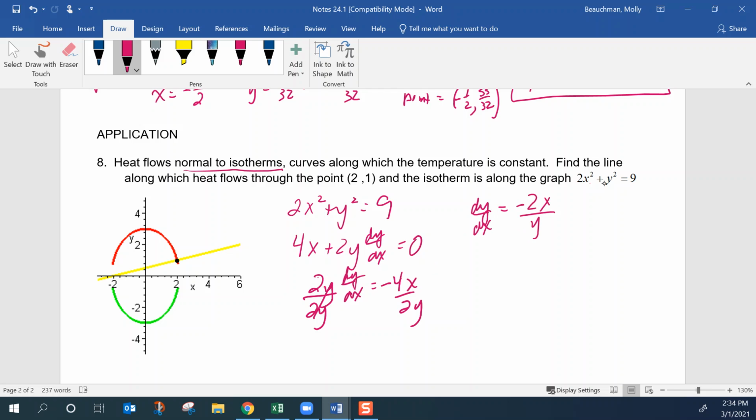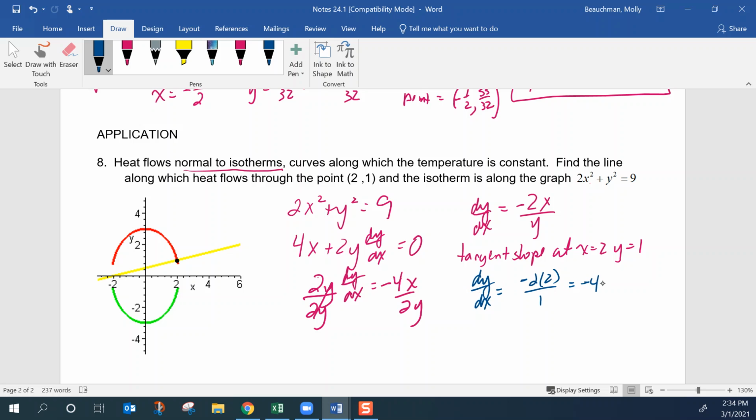Now I want to find the slope of the tangent line at x equals 2, y equals 1. Substitute (2, 1) into dy/dx. I get negative 2 times 2 over 1, which equals negative 4.